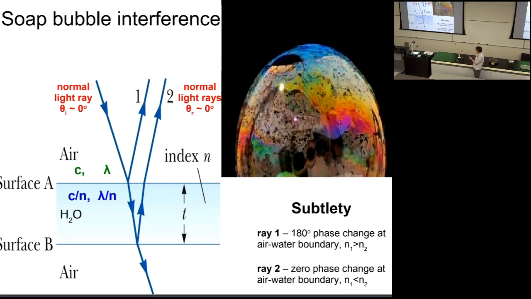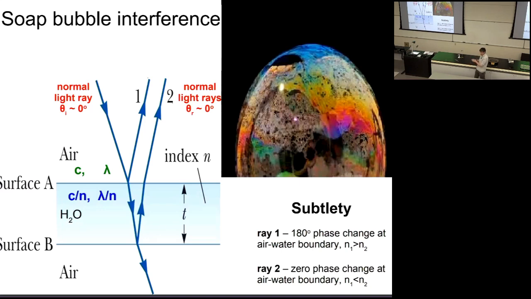So the wavelength in air divided by n is the wavelength in the water. And if this extra distance is a half integral number of wavelengths, so half a wavelength, or 3/2 a wavelength, 5/2 a wavelength, it must be half integral numbers of this wavelength in water, lambda over n.